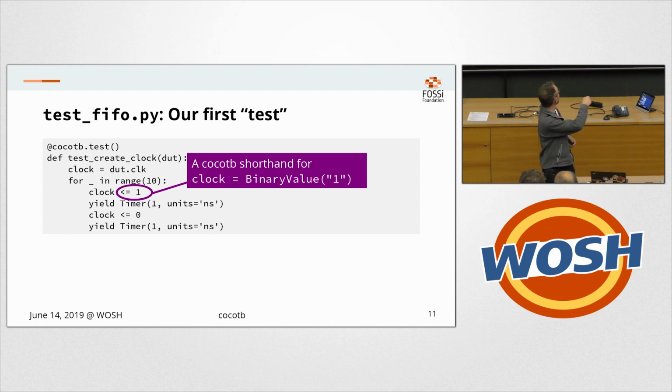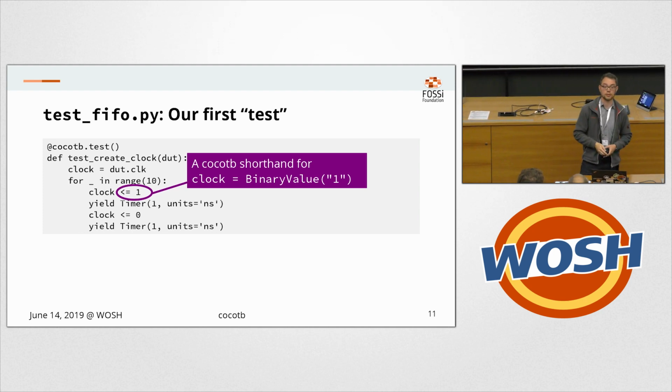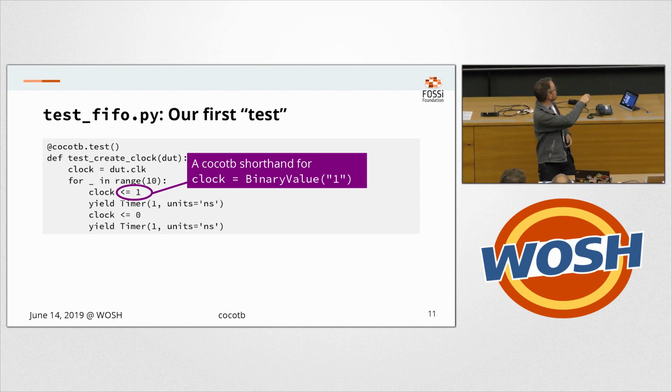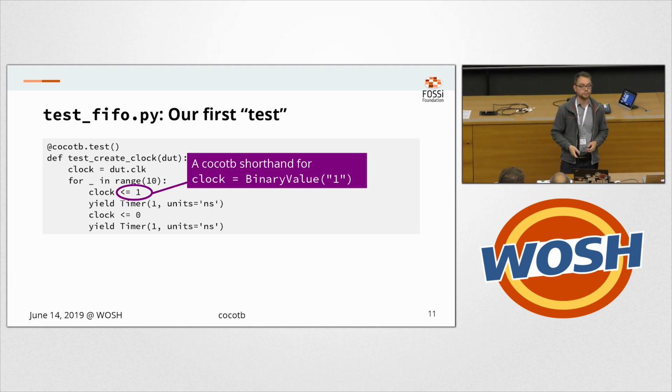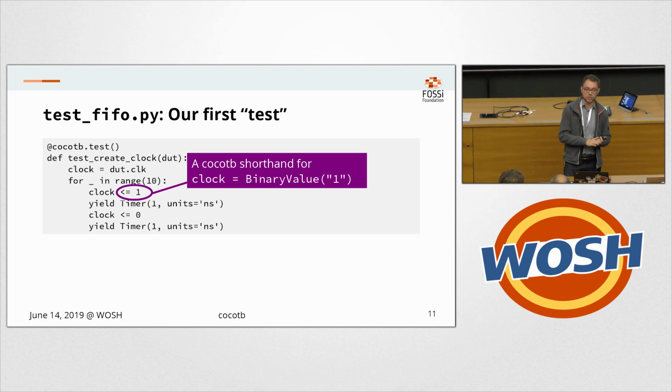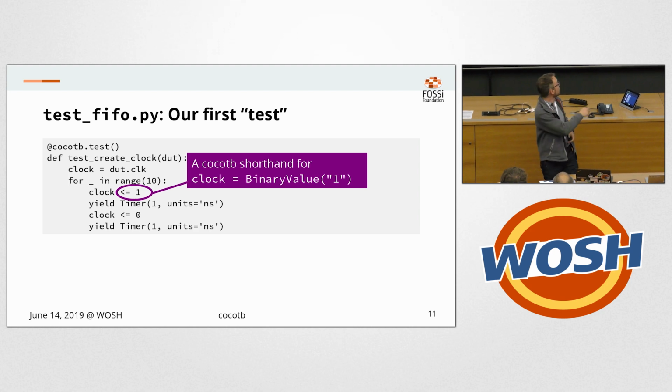It's shorthand for assigning this clock a new BinaryValue object and passing it a value of 1. BinaryValue is also something Cocotb provides. It's essentially a wrapper around ways to assign 4-state logic values, and it allows you to pass those to the signals.